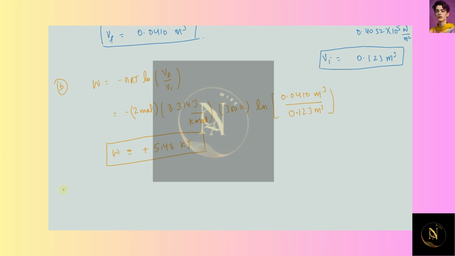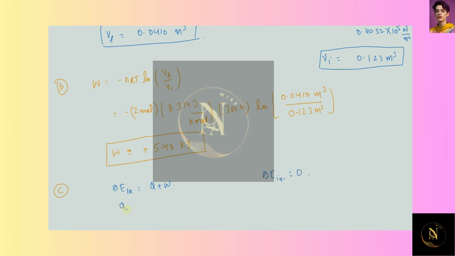In the final C part, we have to calculate the energy transfer. We'll use the first law of thermodynamics: the change in internal energy equals Q plus W. Since it's an isothermal process, the change in internal energy for an ideal gas is 0.